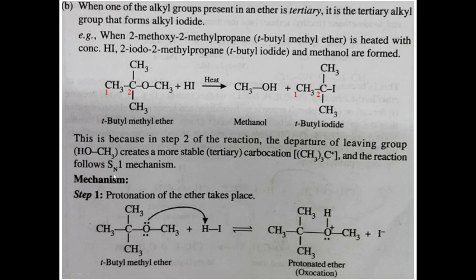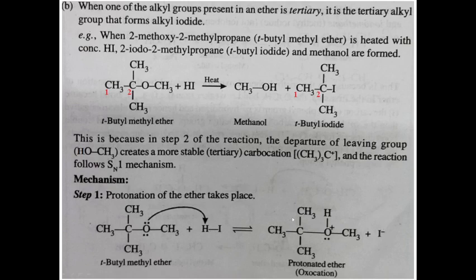So let us discuss the mechanism. In step 1, as we had seen previously, protonation of the ether takes place and we get an oxocation. The lone pair of electrons on the oxygen atom of the ether abstracts a proton and is protonated, and iodine is left as iodide ion.